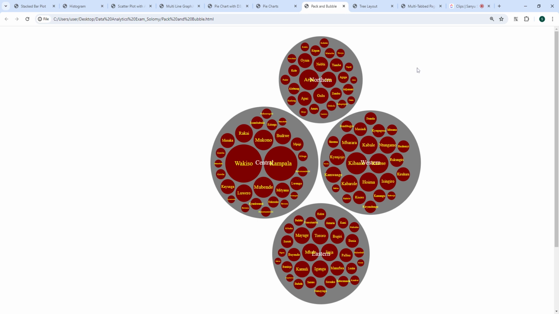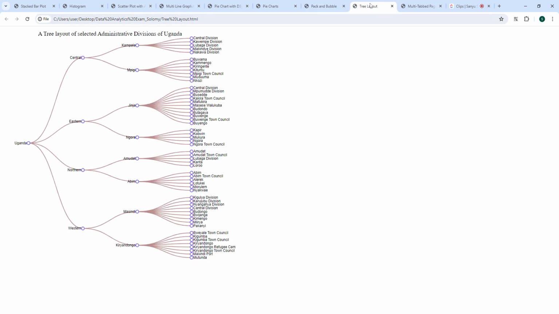And then I was able to create a tree map. A tree map helped me to come up with a hierarchical distribution. So with this, we look at the children nodes. We have a parent node, which is Uganda. Then we have child nodes: the Central, Eastern, Northern, and Western.